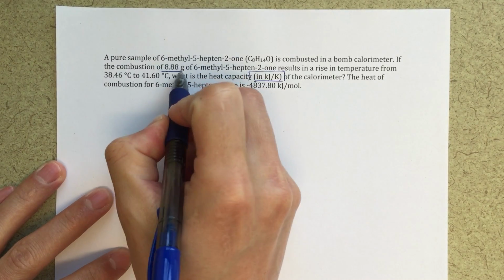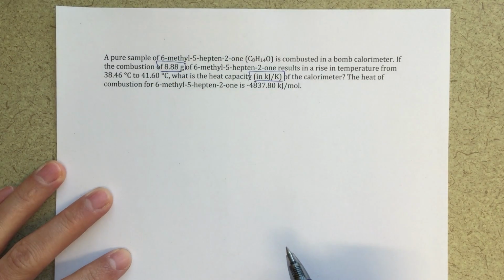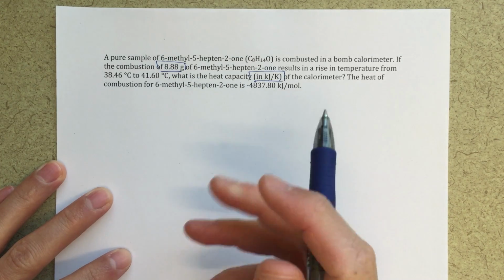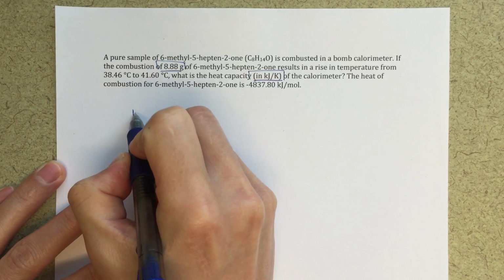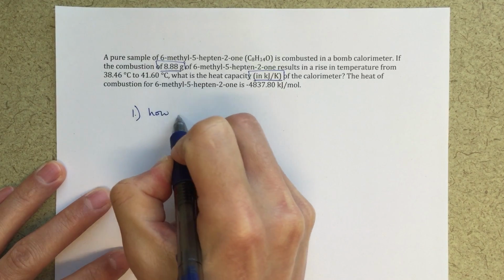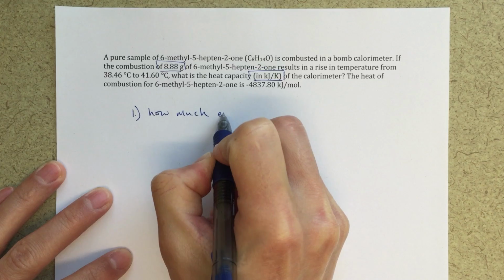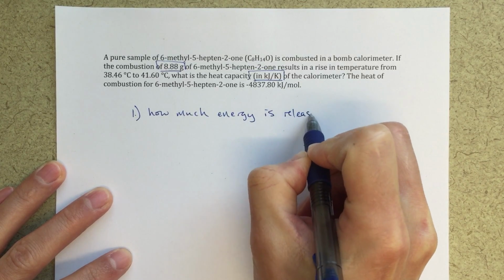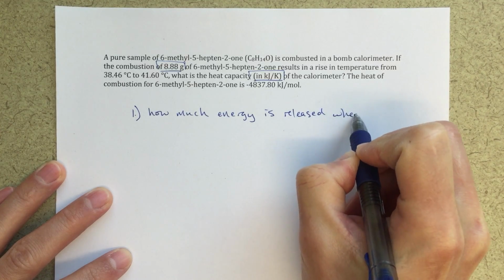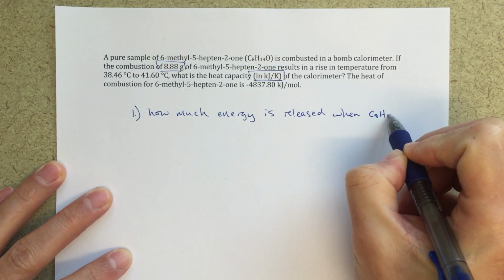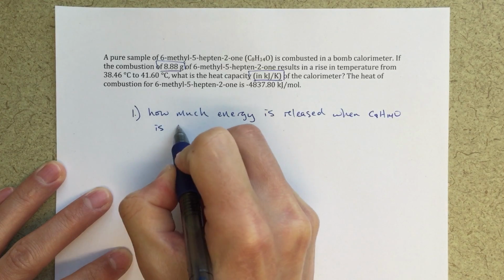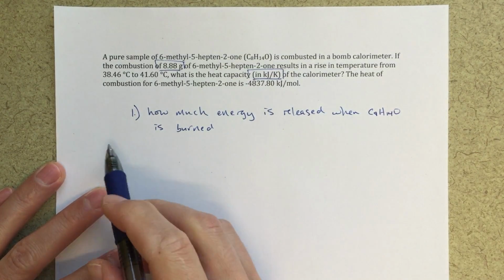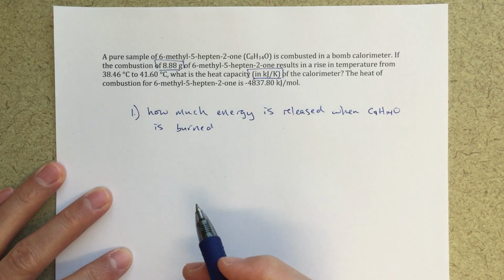So the starting bit of information here, 8.88 grams. I'm going to need to convert that to moles because I want to use that to figure out how much energy is released. So step one, how much energy is released when C8H14O is burned? We're combusting it, burning it in oxygen, so we want to know how much energy is going to be released in that process.